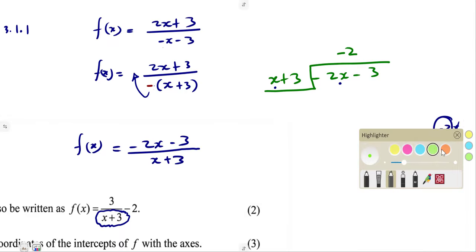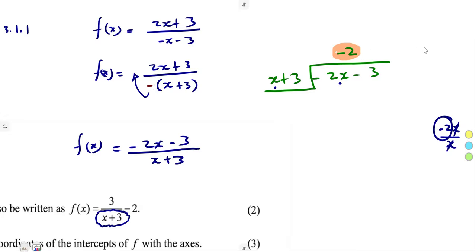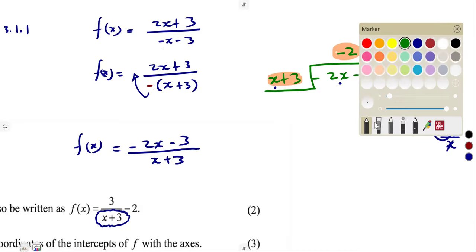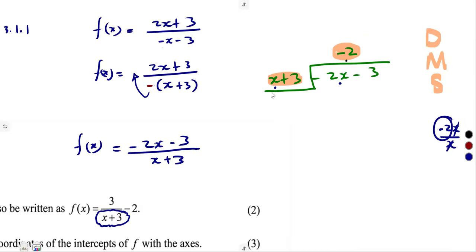So you divide, multiply back, subtract. We multiply back to everything that we see here. The minus 2 multiplies everything. So minus 2 times x, minus 2x, minus 2 times positive 3, that's a negative 6. We subtract.